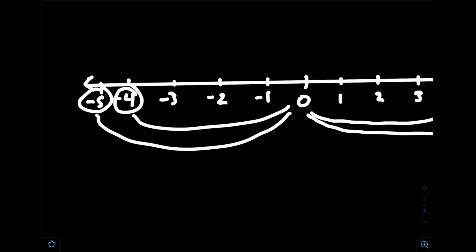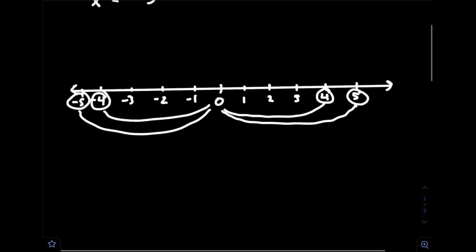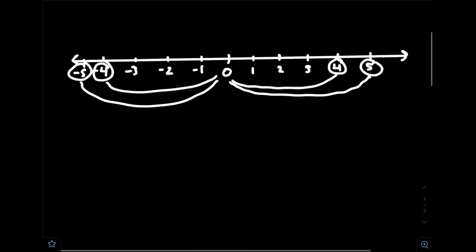So, taking a look at this inequality that we've structured here, 4 is less than 5 because 4 is closer to 0 than 5 is. Since 5 is further away, it is greater. That is for positive numbers. However, for negative numbers, it's the exact opposite.